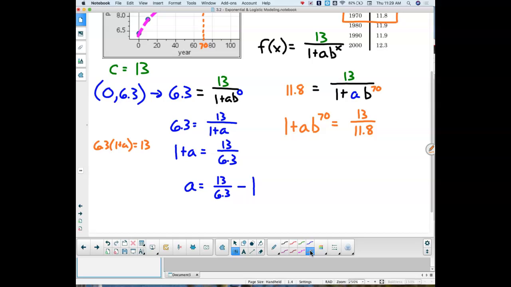Multiply both sides by 1 plus A times B to the 70th power. Then divide both sides by 11.8. Gets me that. What would I do next to solve for B? Subtract 1.